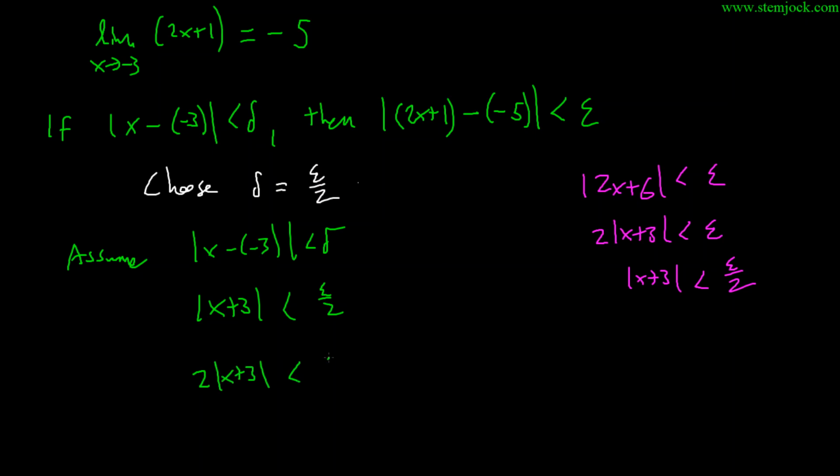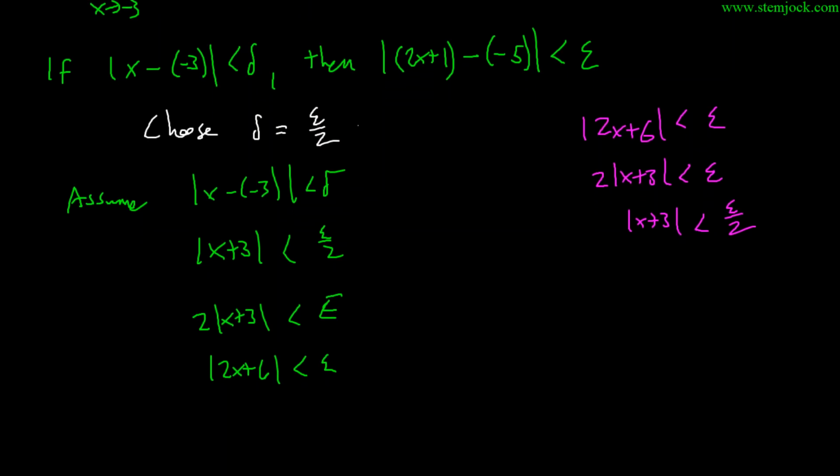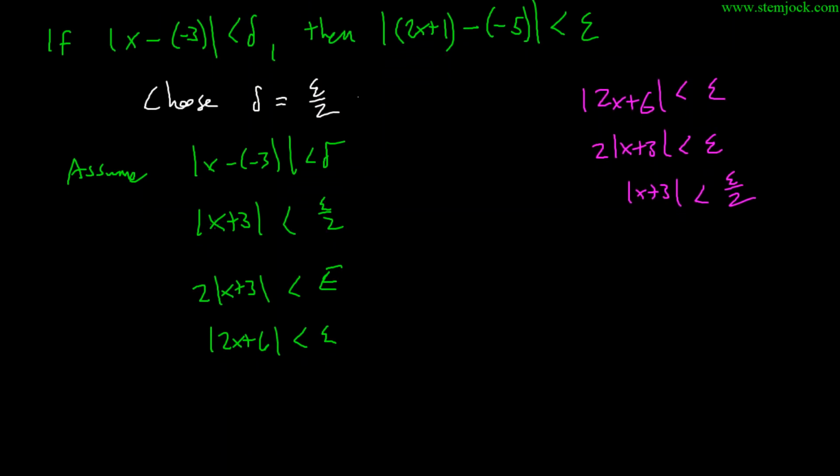So this gives me 2 times the absolute value of x plus 3 less than epsilon. Now I'm going to distribute the 2, and this gives me the absolute value of 2x plus 6 less than epsilon. And I'm going to rewrite what's in the absolute value as 2x plus 1 minus -5, less than epsilon.